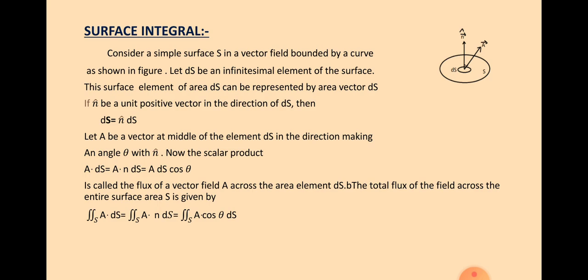Let A be a vector at the middle of element ds, making an angle theta with n cap. Now the scalar product A dot ds equals A dot n ds equals A ds cos theta, which is called the flux of the vector field A, because the line integral of a vector field A could be interpreted as the work done by the force field F on a particle moving along the path.